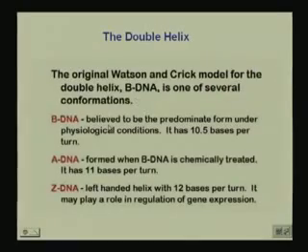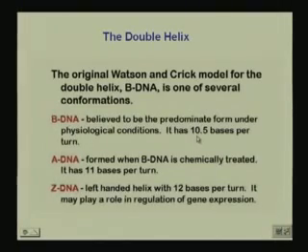Now, there are 3 types of DNA. The original Watson and Crick model, which just completed 50 years, was first discovered in 1953, and the paper is available on the net, where you can look at the original paper of Watson and Crick that came out in Nature. You have bDNA, that is actually the most prominent form of DNA.